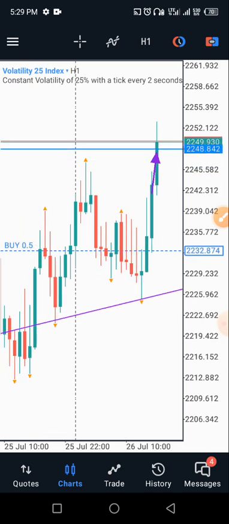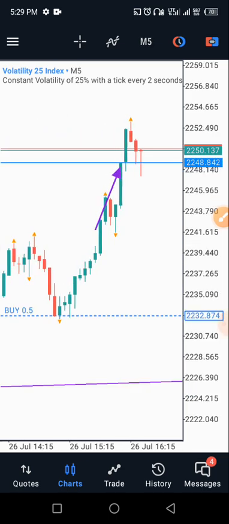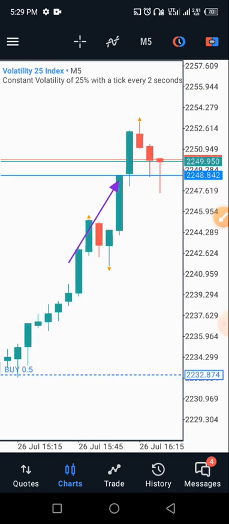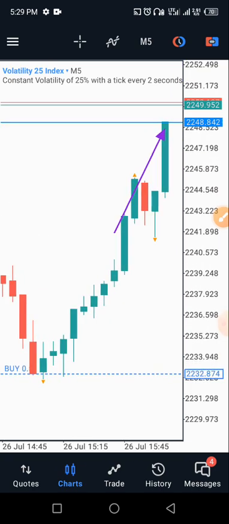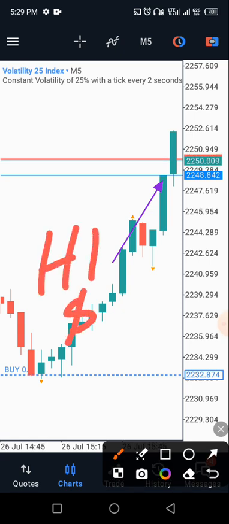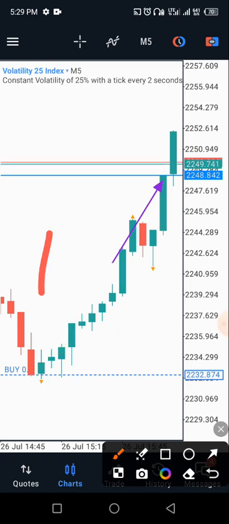So I'm just going to quickly close this trade now because we've got into our take profit level, and then I'll show us how to make use of this strategy on the 1 hour time frame, and then we can come to the 5 minutes time frame for our sniper entry.